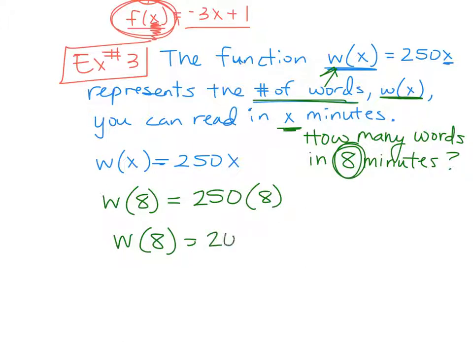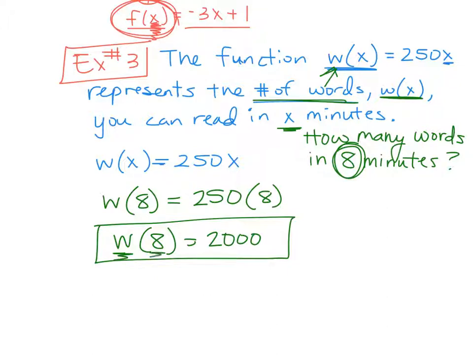You just plug that into your calculator. So what this is saying, this is function notation. Instead of y equals 2,000, this is saying the number of words in 8 minutes would be 2,000. Okay, so you would read 2,000 words in 8 minutes.